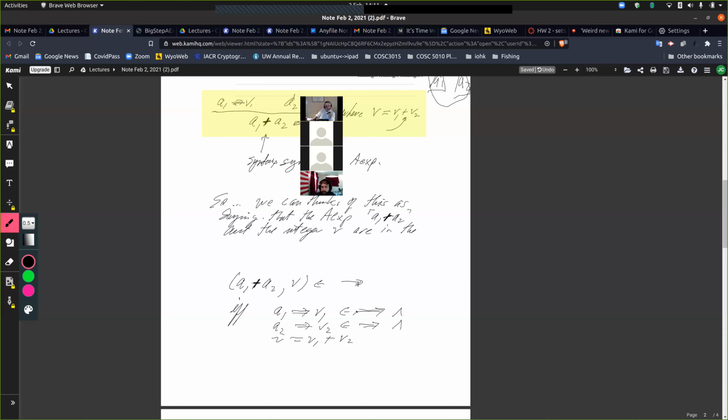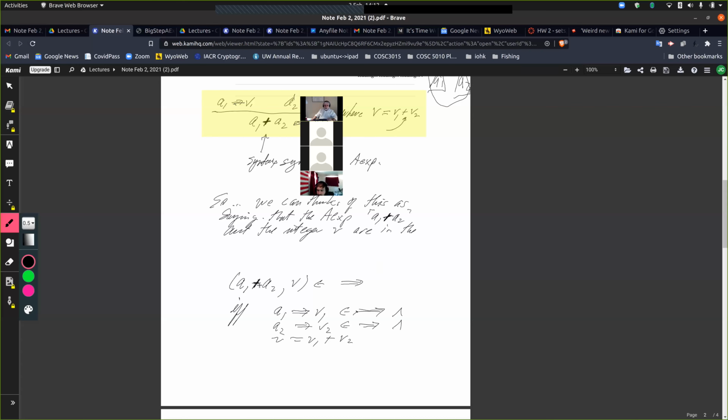It says that this pair, this syntactic object, which is kind of a weird thing, a tree paired with an int, those two things are in this double arrow relation if and only if A1 evaluates to V1 is in the double arrow relation, and up here, A2 evaluates to V2 is in the double arrow relation, and V is equal to V1 plus V2, where that plus is different from this one.